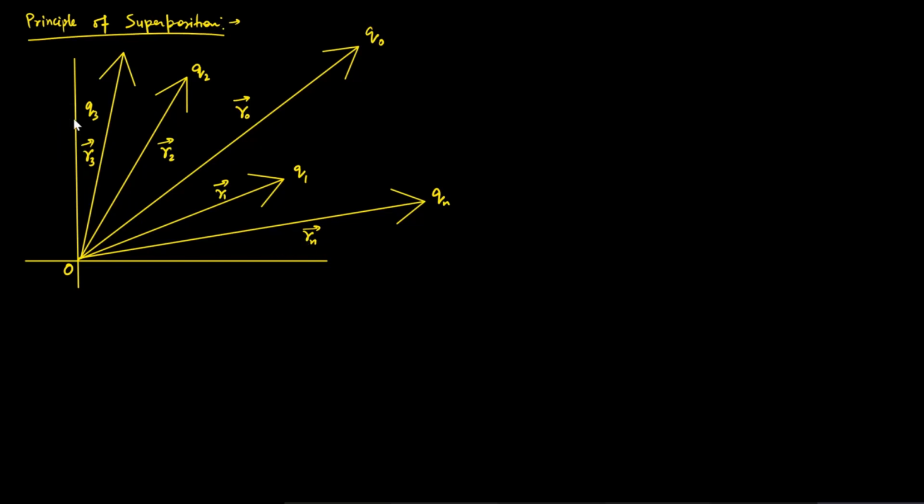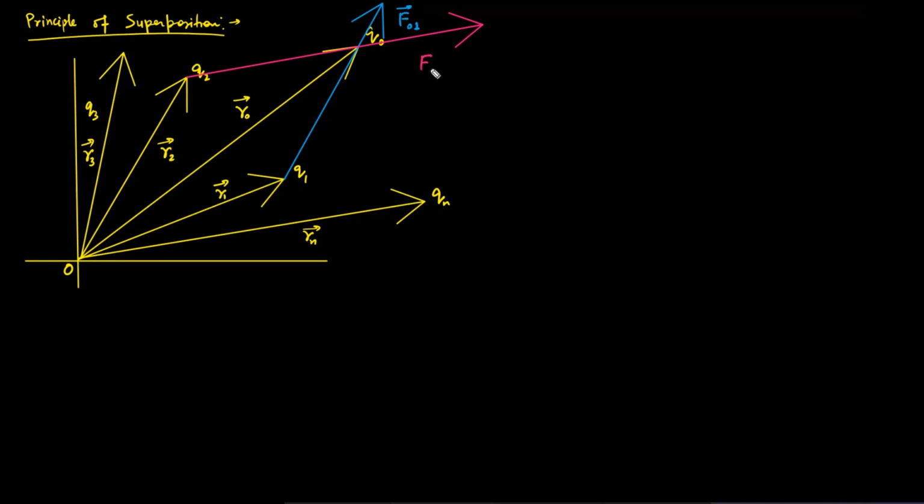So they will repel each other. If I want to see the direction of force on Q naught because of Q1, can I say this will be the direction of force on Q naught because of Q1? Yes or no? Yes. Similarly, the force on Q naught because of Q2, the direction will be this one only, right?